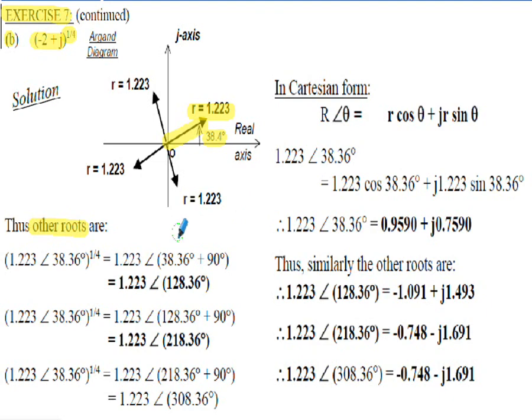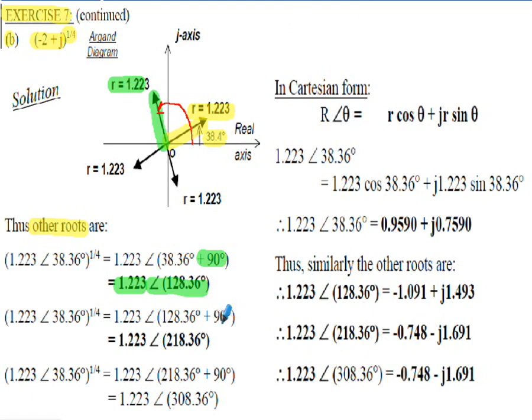So we add 90 degrees to the first root here, so the second root is 1.223 argument 128.36 degrees. That will be the phasor shown here, the same value of r, but of course the argument is measured from the horizontal real axis around to here, and that's the 128.36 degrees.